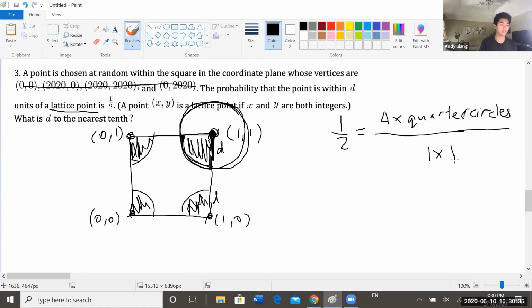And I didn't really talk about why I just ignored the 20 by 20. For each square, this is going to be the diagram, right? So each of those 20 by 20 squares will have this diagram. So the probability won't be changed if I just assume that I'm looking at one square instead of a huge number of squares.